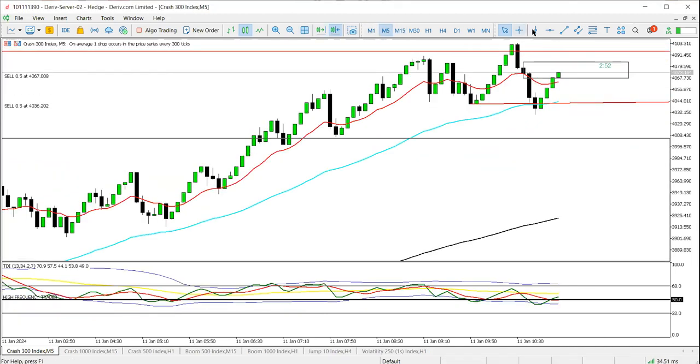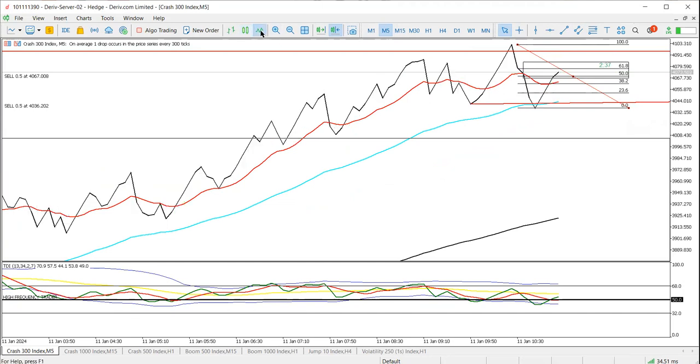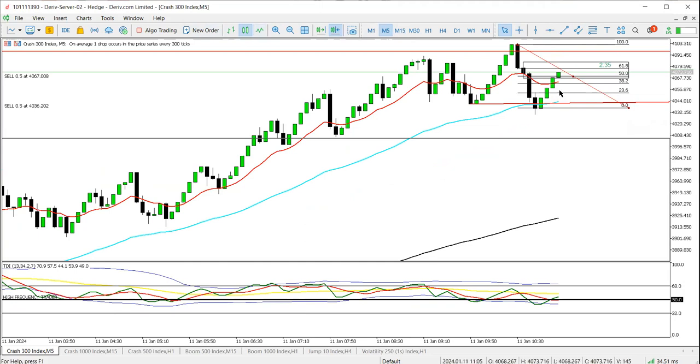Let's see. I want to see if I can run a fib here. So if you run a fib on the bodies of the candles, we are approaching 61.8. We are approaching 61.8. So we're in two positions.